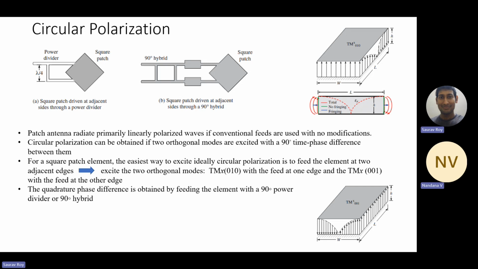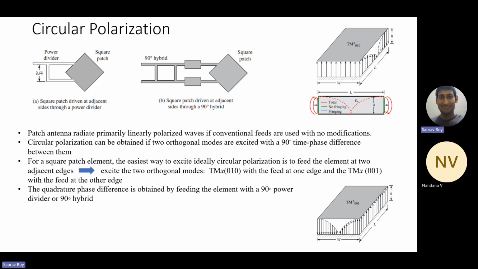Their resonant frequency has to be the same, right? We want the polarization at the same frequency. Normally our length and width are different, so the TM001 and 010 mode frequencies will be different, because they have 1 by L and 1 by W proportion, right? If they are not at the same frequency, then how can you have the same polarization excited? That is why the square patch.